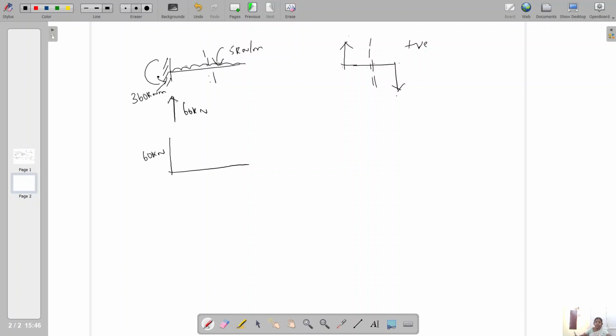So it is a UDL. I think you are well aware that if it is a point load, the variation of shear force is a straight line. If it is a UDL, the linear variation occurs from the zero point, and if it is a UVL, meaning uniformly varying load, it will be like a parabola.